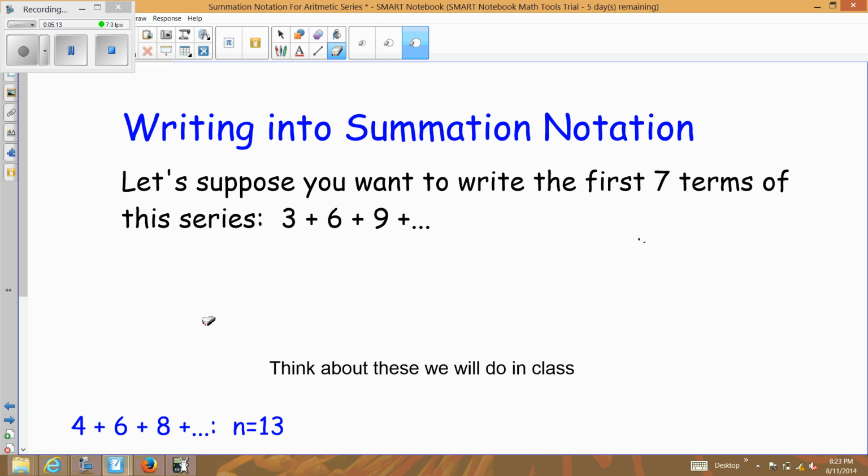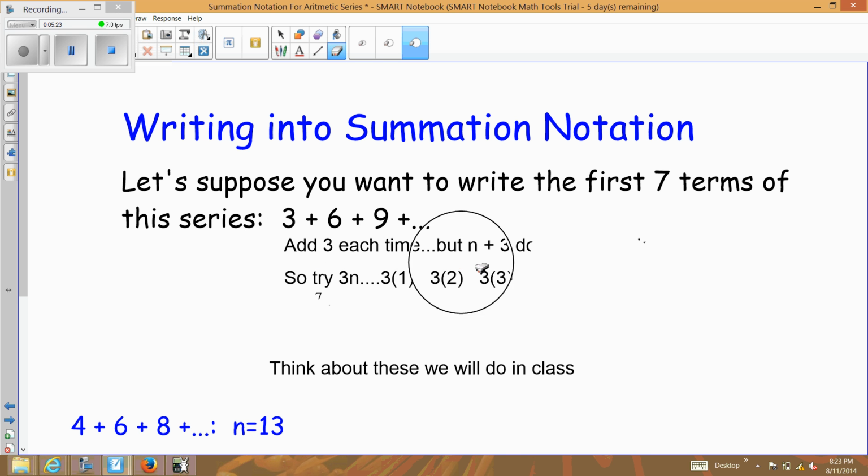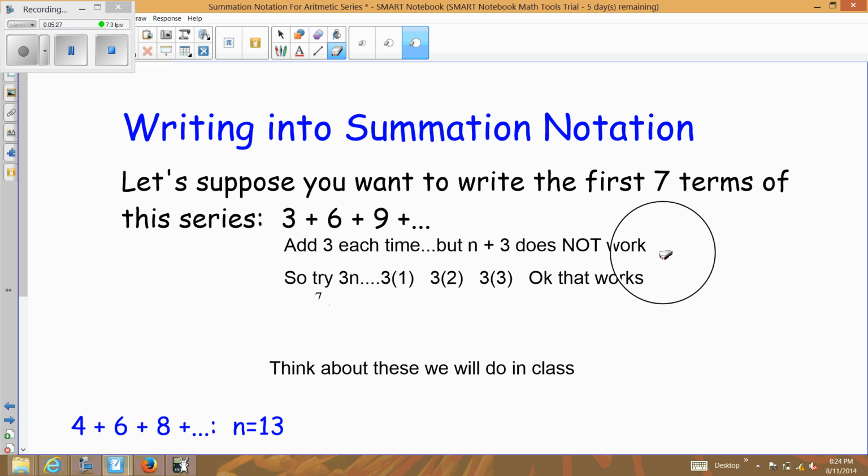All right? But let's suppose you want to write the first 7 terms of this series. Okay? You've got 3, 6, 9. You want to think about it. What's going on? Well, you're adding 3 each time. But then you think about it, n plus 3 doesn't work.